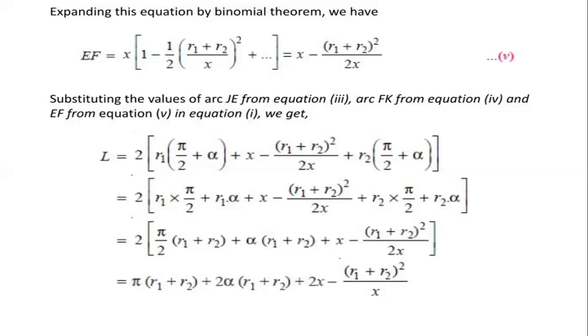Here we are substituting the values for the radius of the driven pulley and the driver pulley. So by substituting all these values, we get pi into R1 plus R2 plus 2 alpha into R1 plus R2 plus 2x minus R1 plus R2 whole squared by x.